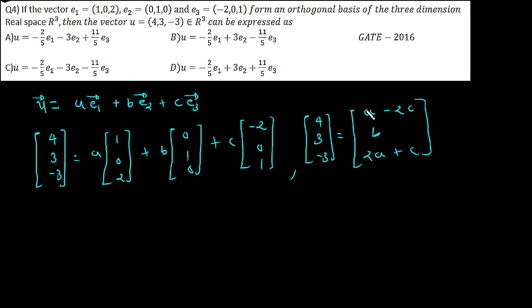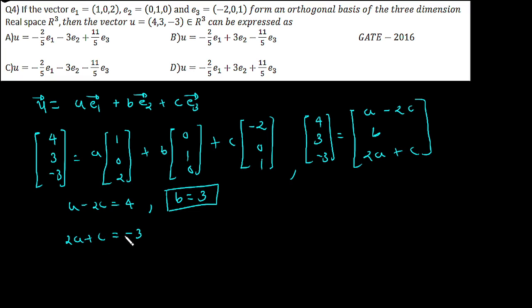So we are getting a minus 2c equal to 4, and we get the value of b directly from the second row, which is b equal to 3, and from the third row 2a plus c equal to minus 3.